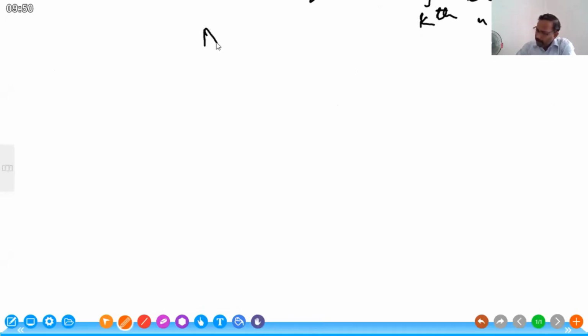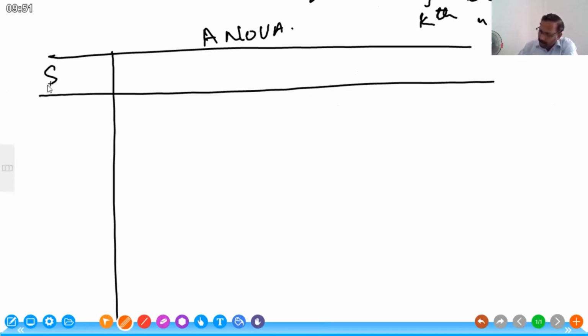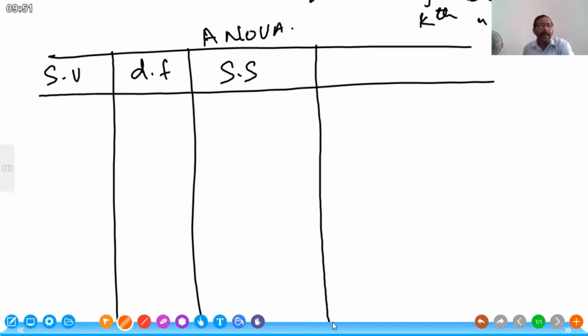So the ANOVA table for the above model: I will very briefly say the source of variance, degrees of freedom, sums of square. Then we will look at the mean square. As you all know, first one is block. Degrees of freedom is r minus 1.